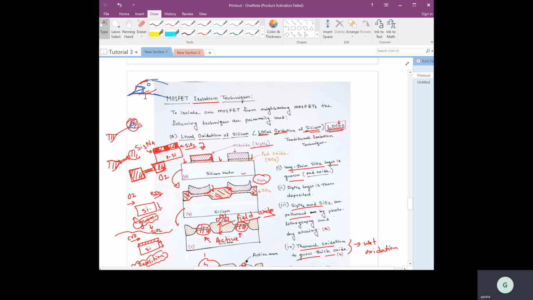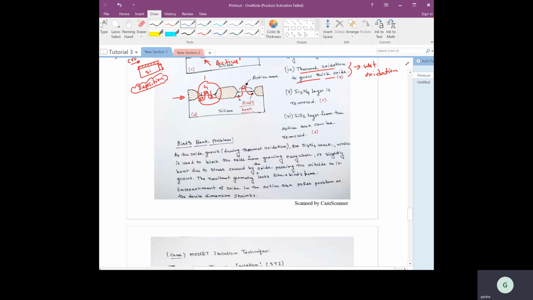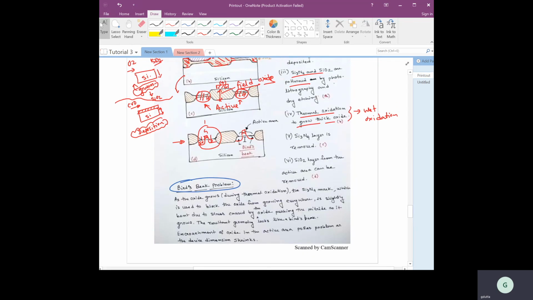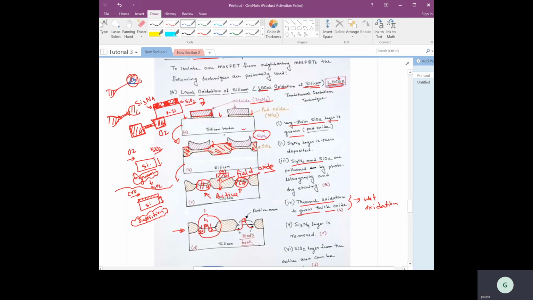So this issue is called the bird's beak problem. You understand why this bird's beak problem is occurring: the region of silicon dioxide which is covered with the silicon nitride, when the thick oxide is forming, due to stress this is also moved up, and it forms this structure. It is called the bird's beak problem.